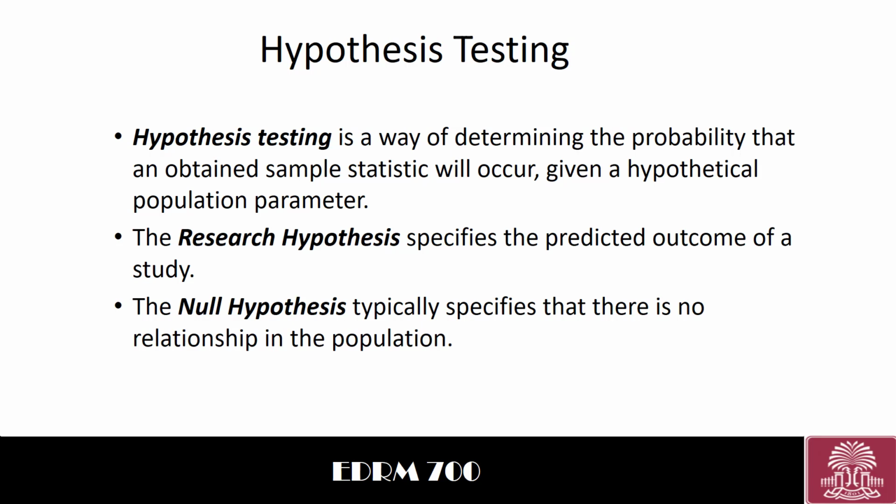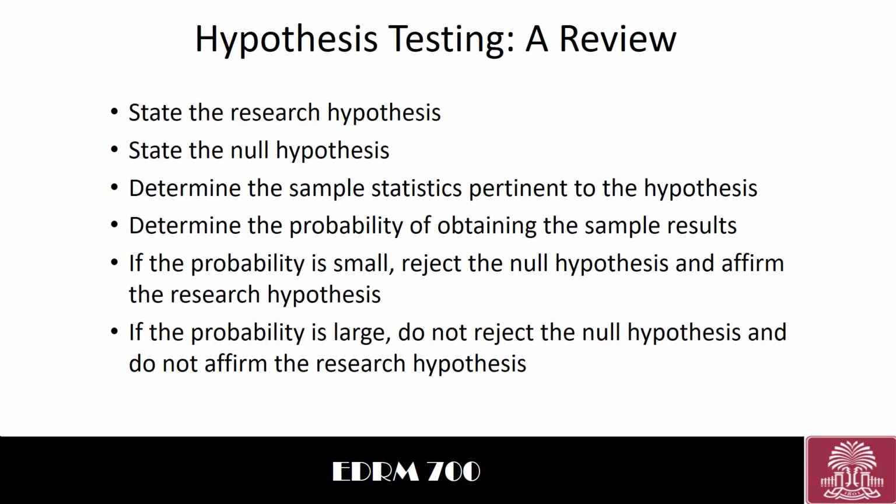At this point, we will also see reference to a null hypothesis. Our null hypothesis specifies that there is no relationship in the populations, so typically that's the hypothesis that we are trying to disprove. Let's review the steps of our hypothesis testing. First, we need to identify the research hypothesis and the null hypothesis. We need to determine the sample statistics pertinent to the hypothesis.